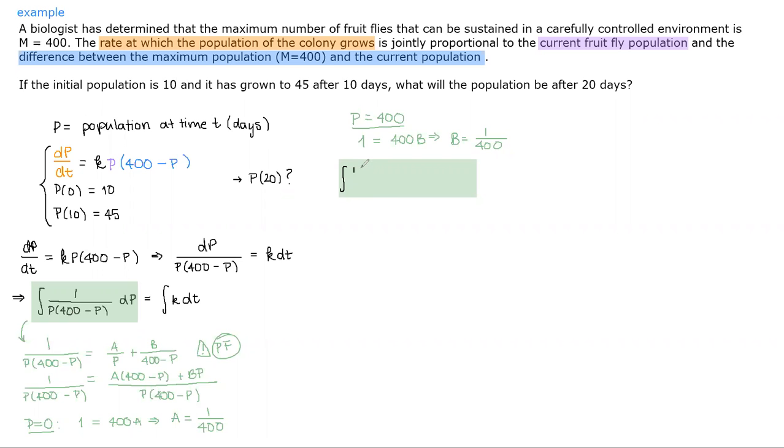So this is 1 over 400 divided by P, so that's A over P, plus 1 over 400, which is B, over 400 minus P, dP. And as I said, this was just for me to rewrite the left-hand side so that it would be easier to integrate. But the right-hand side is still the same integral that we were trying to evaluate originally, K times dt.